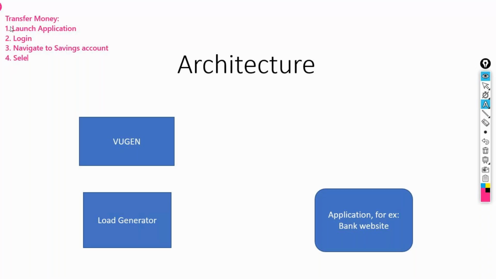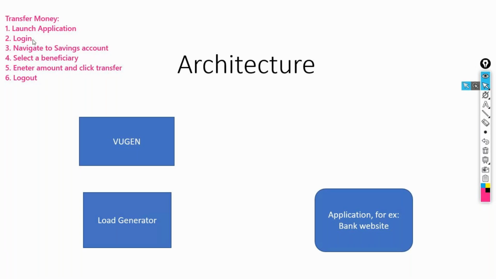Then the user will select a beneficiary, enter the amount, maybe click the transfer button, then log out. So these are the steps that you need to perform for the transfer money scenario. Transfer money is one scenario within the bank application, and for it, these are the detailed steps that we need to test.